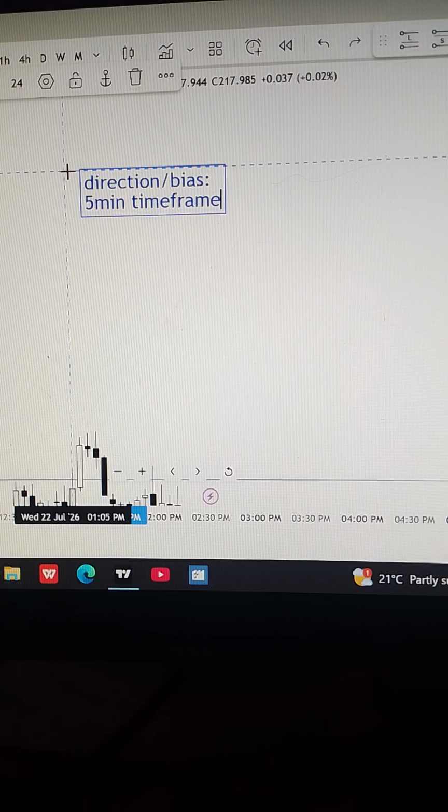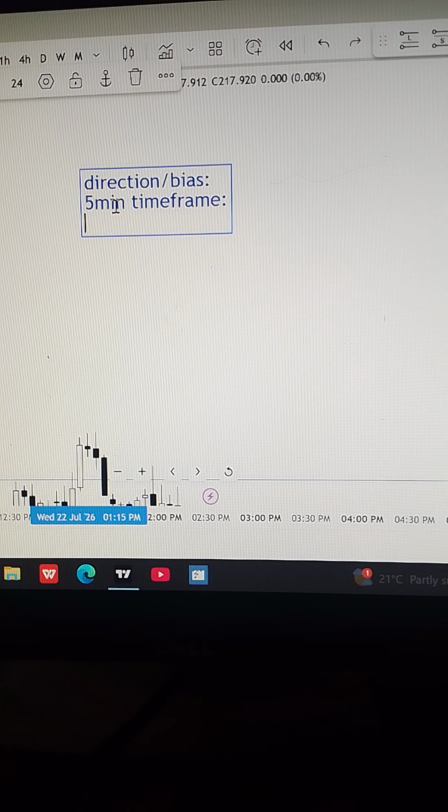So under the 5-minute time frame, you are supposed to identify support, and you are supposed to identify resistance.